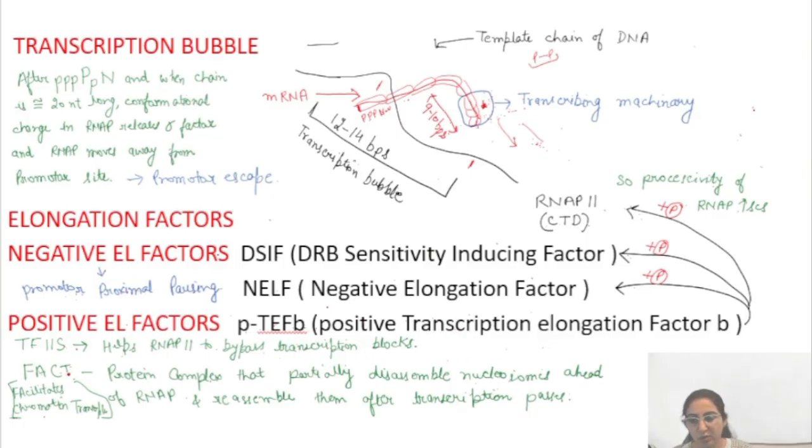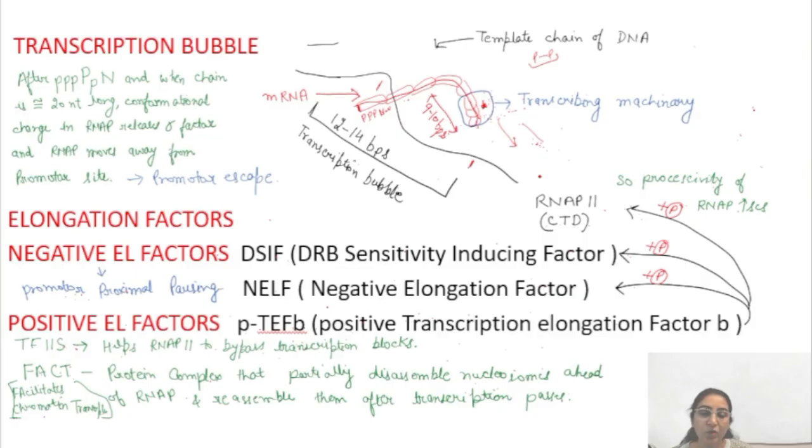So this is one elongation factor. It facilitates the elongation. Transcription factor 2S bypasses the transcription blocks along the way of elongation, and positive transcription elongation factor B helps to nullify the promoter proximal pausing. So these are the negative and positive elongation factors.